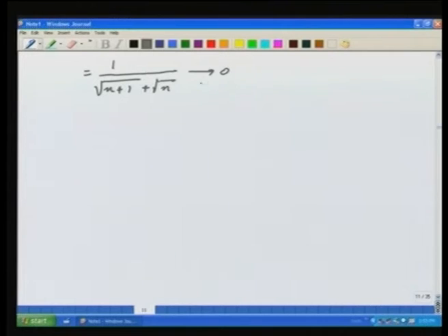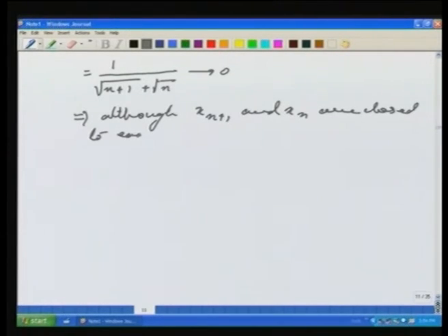It implies that although x n plus 1 and x n are close to each other after some stage, x n is not convergent.